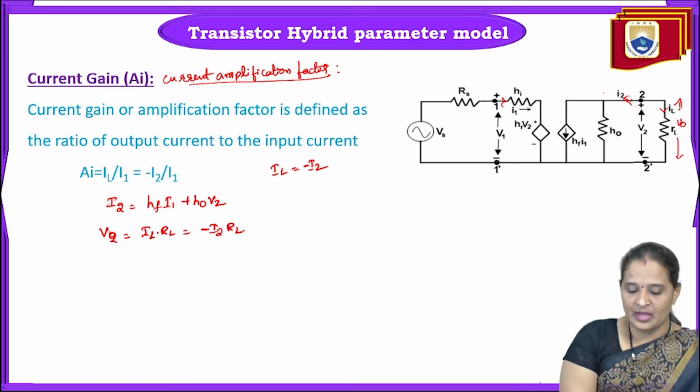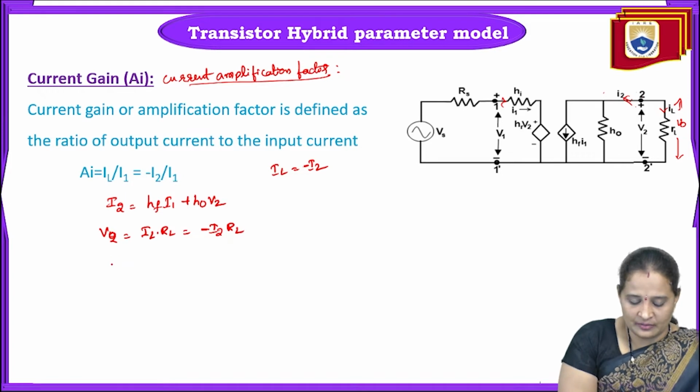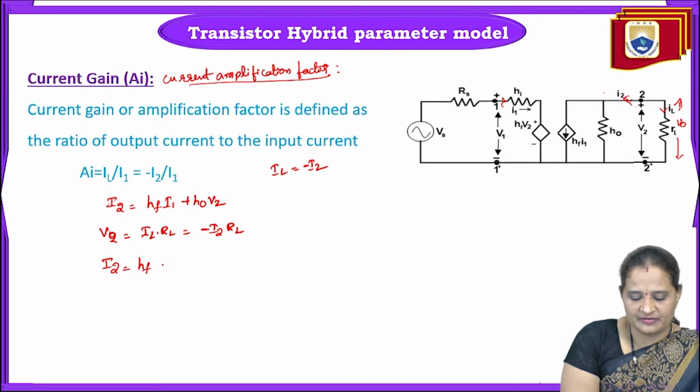Minus I2 into RL. So here what I can do, I2 is equal to HF into I1 plus HO into V2 value, I can write it as minus I2 into RL. So now take this side.